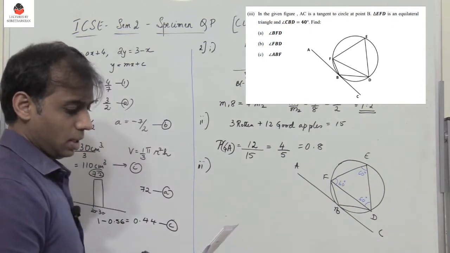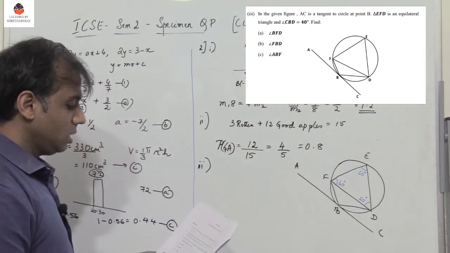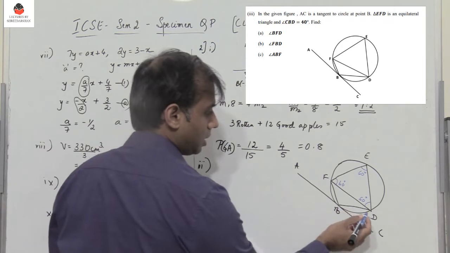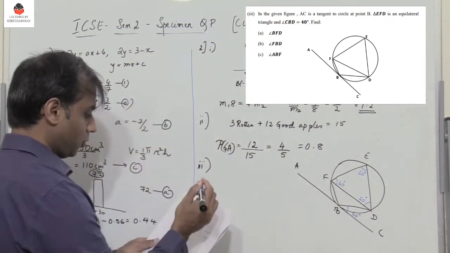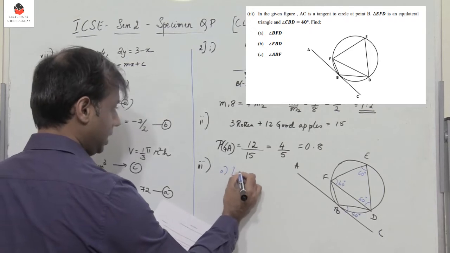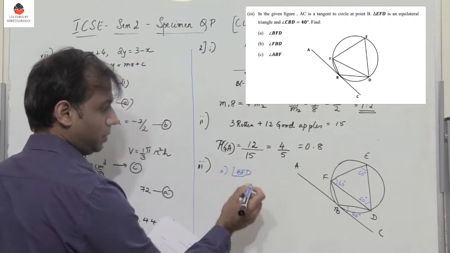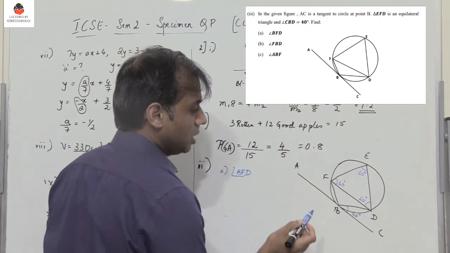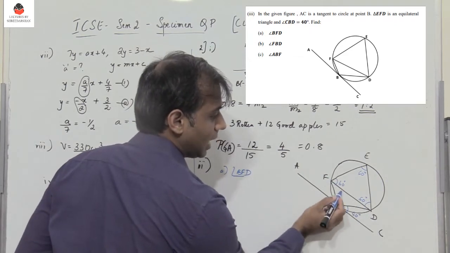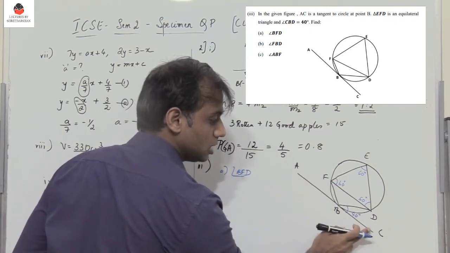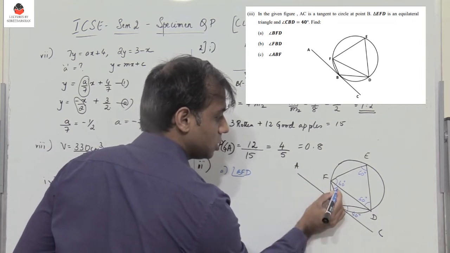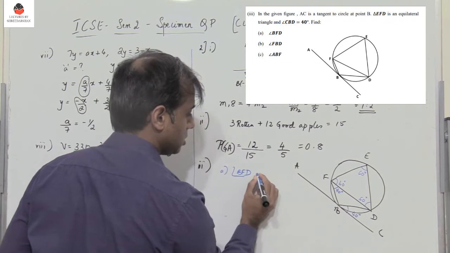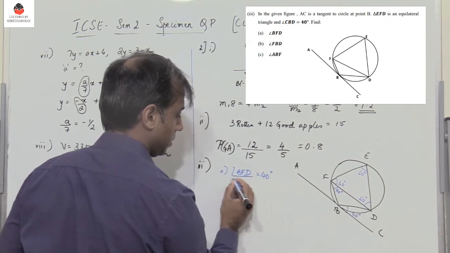Next, angle CBD is 40 degrees. So we need to find the following. A, find angle BFD. Now what is angle BFD? Angle BFD is nothing but the angle in the alternate segment, which is equal to angle CBD. So this also will be 40 degrees.